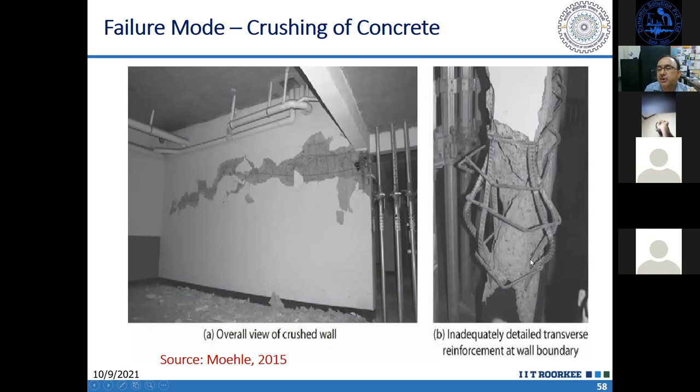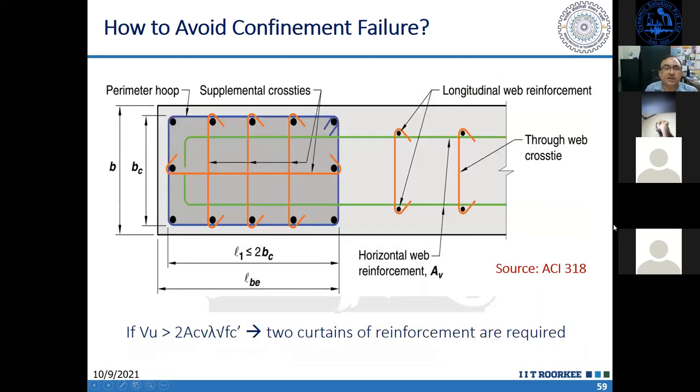So what lesson can we draw from here? At least the end portion of the shear wall, where the concrete can get crushed, should be confined properly in the same way as we confine columns. These portions we call boundary elements, and they need additional, special confining reinforcement.